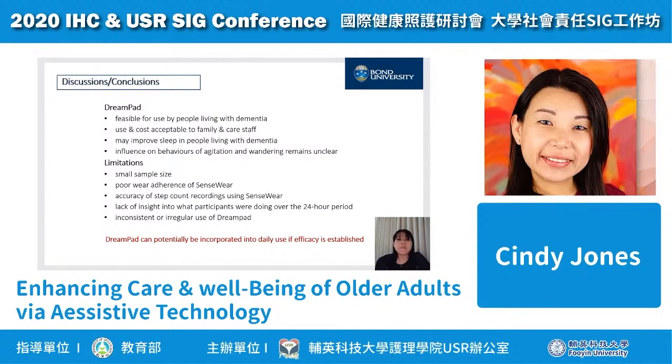Our final take-home message is that DreamPad can potentially be incorporated in daily use to address sleep and possibly agitation and wandering, if efficacy is established through larger scale, more rigorous studies in the future.